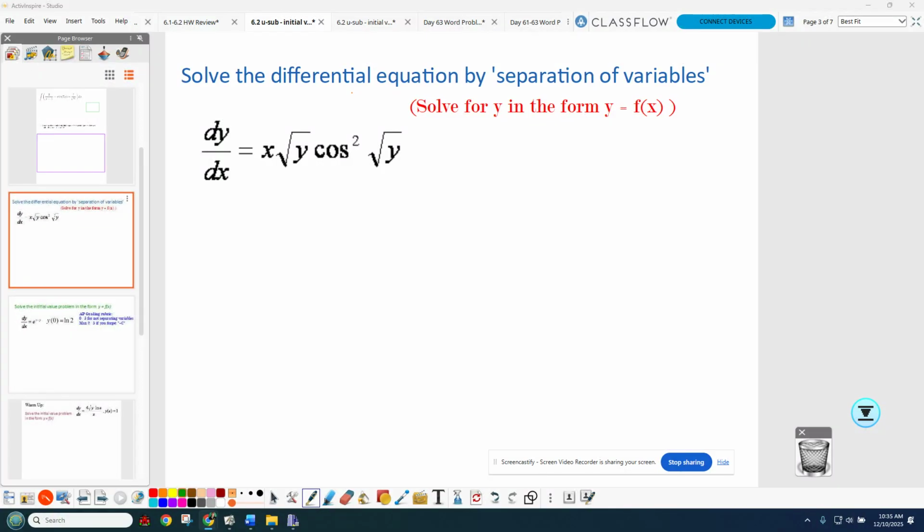So see if you can figure it out. Like, first thing it says, separate variables.